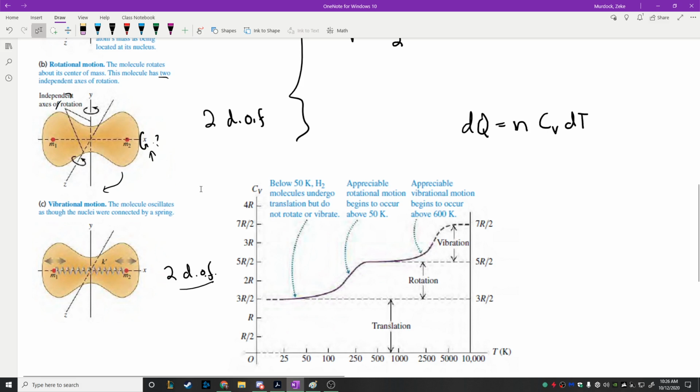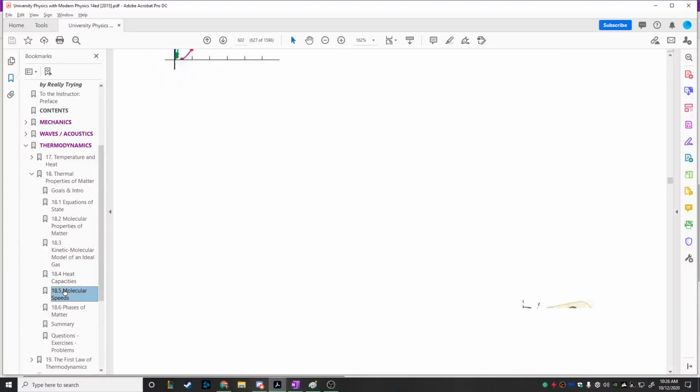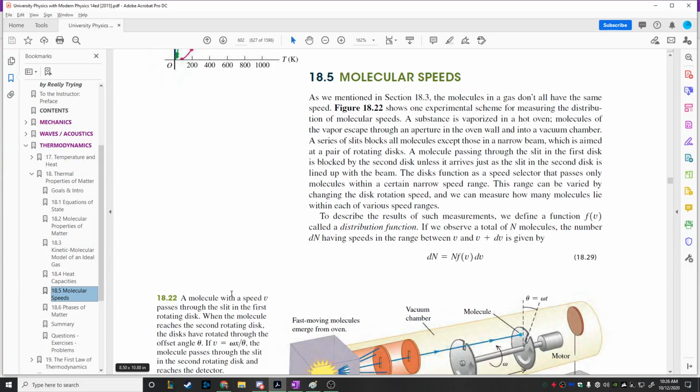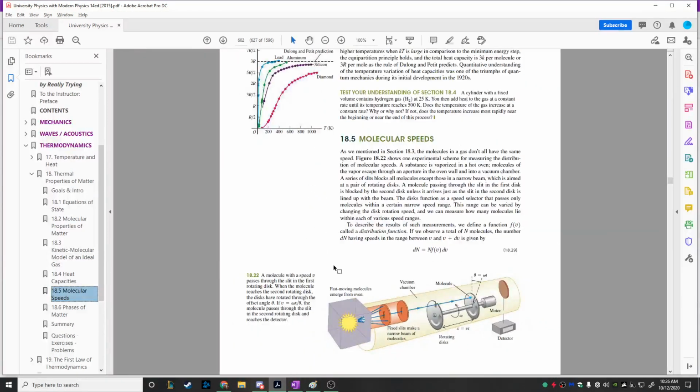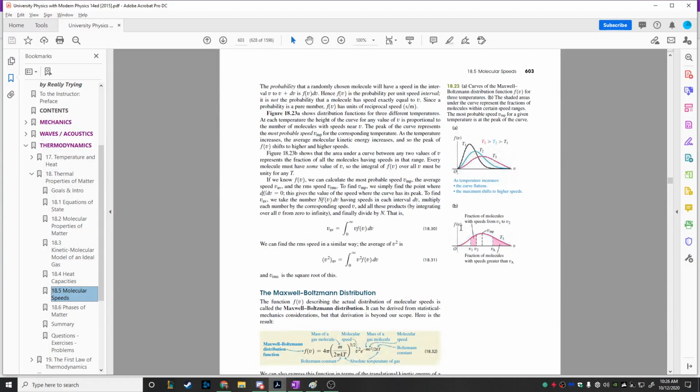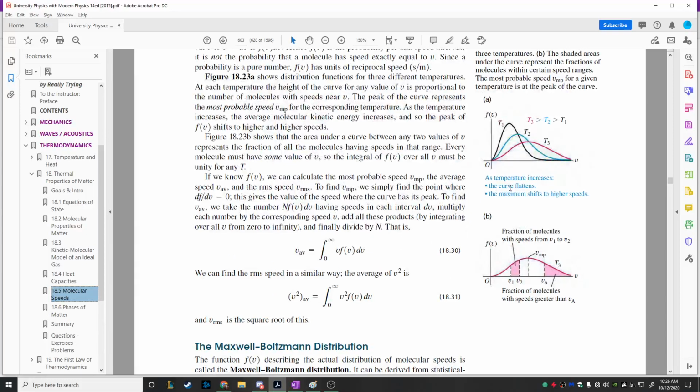Okay, the last thing that I want to do before we talk about the exam is I want to point you guys to this chapter right here. I don't particularly want to go through the math of this, but we mentioned last time when we were talking about gas molecules that we have these plots. I showed you some of these last time because we derived what's called the VRMS, right?